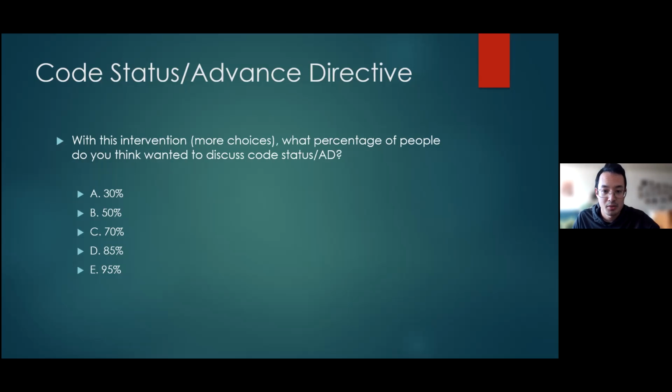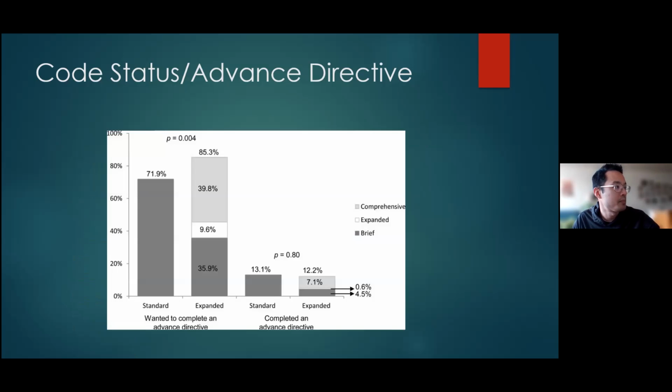All right, so you kind of get the gist. Now everyone says more. Yeah, that's exactly what happened. So the control group, meaning the people who didn't have more choices, about 70% of those with end-stage renal disease said they would talk about it. And then the intervention group switched to 85% with a p-value of 0.004.